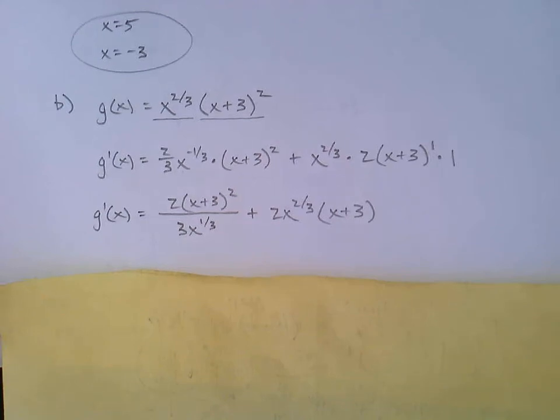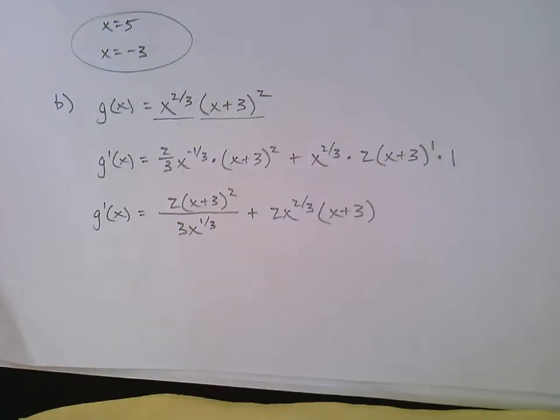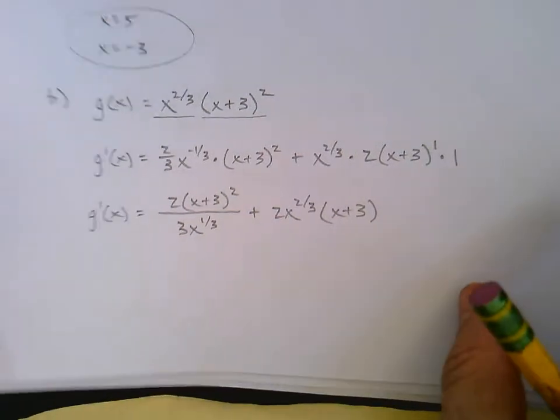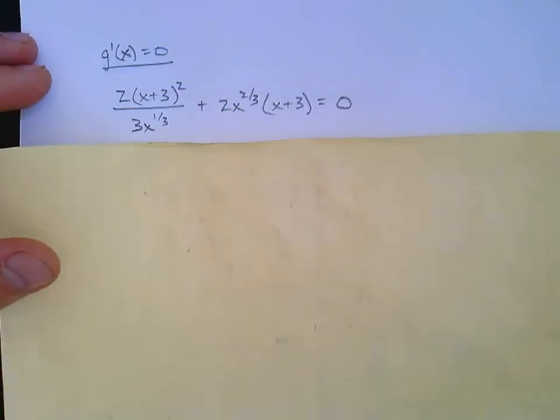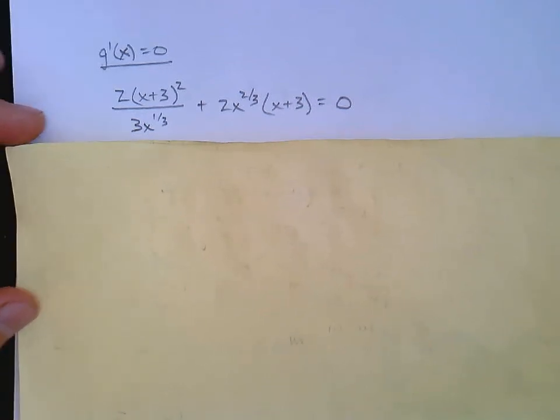Okay. Now that we have the derivative and it's presented nice and neat, what are we going to do? Well, we've got to think about the 2 possibilities, starting with, when does that derivative, what x values, will that equal 0? So I'm just going to take my derivative, set it equal to 0.